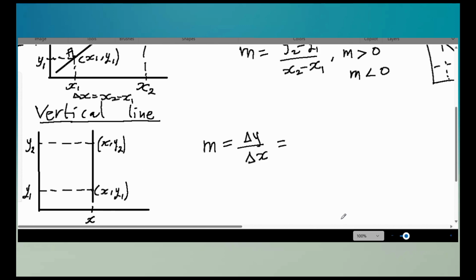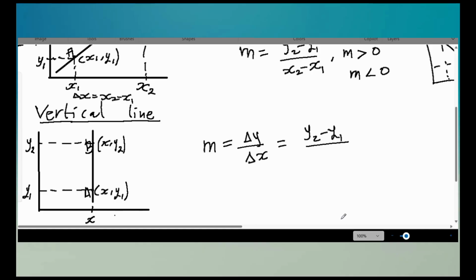Or I can just use the points from the line. We have point A, which is (x, y1), and then we have point B, which is (x, y2). So my change in y is going to be y2 minus y1.